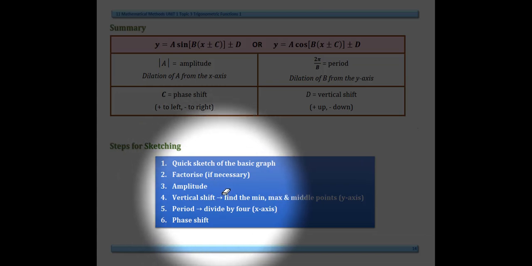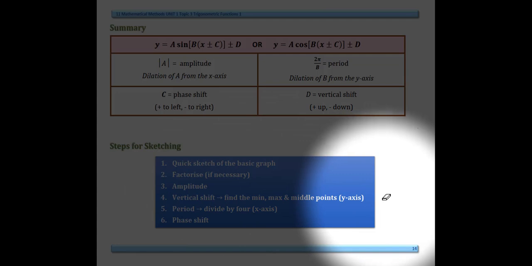Those two things together will give you your minimum, your maximum, and your middle points on the y-axis. So if your amplitude was 2, your original graph would be -2 to 2. If that shifts up 1, so it has a vertical shift of 1, then our minimum becomes -2 plus 1, which is -1, and our maximum becomes 2 plus 1, which is 3. So it moves it up.